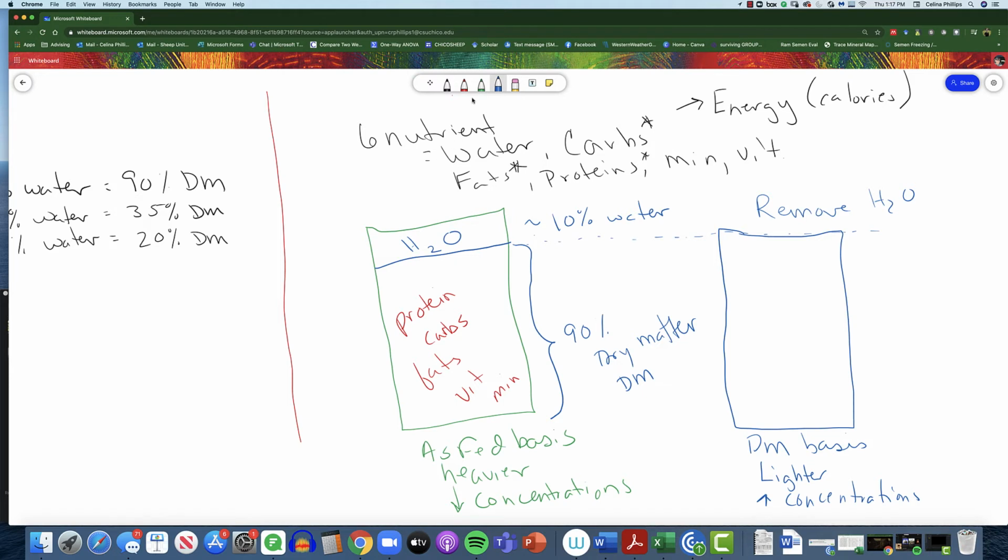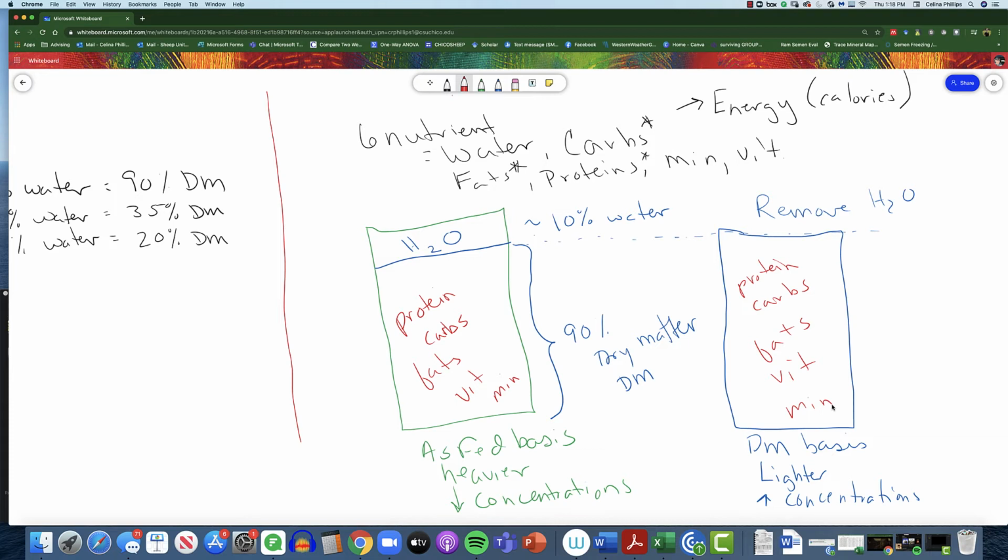So as a nutritionist, we're now able to get a little bit more accurate reflection and precision in getting the protein, carbs, fats, vitamins, and minerals into our animal by balancing on a dry matter basis and then going back to as fed. It allows us to consider the actual amounts of nutrients going in, not a diluted amount or a lighter weight amount.